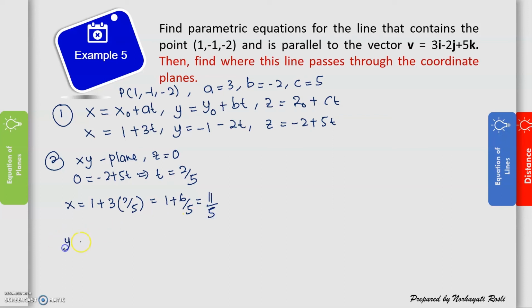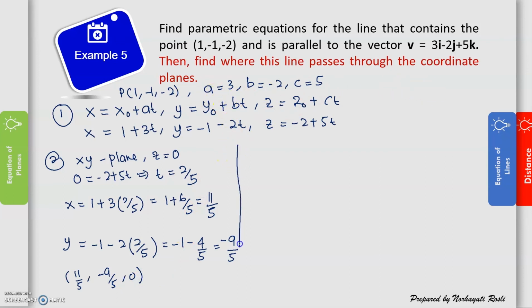And then y is equal to negative 1 minus 2 times t, and we substitute t with 2 over 5. So we have negative 1 minus 4 over 5, which gives negative 9 over 5. So for the xy plane, we have the point: x is 11 over 5, y is negative 9 over 5, and z is 0.